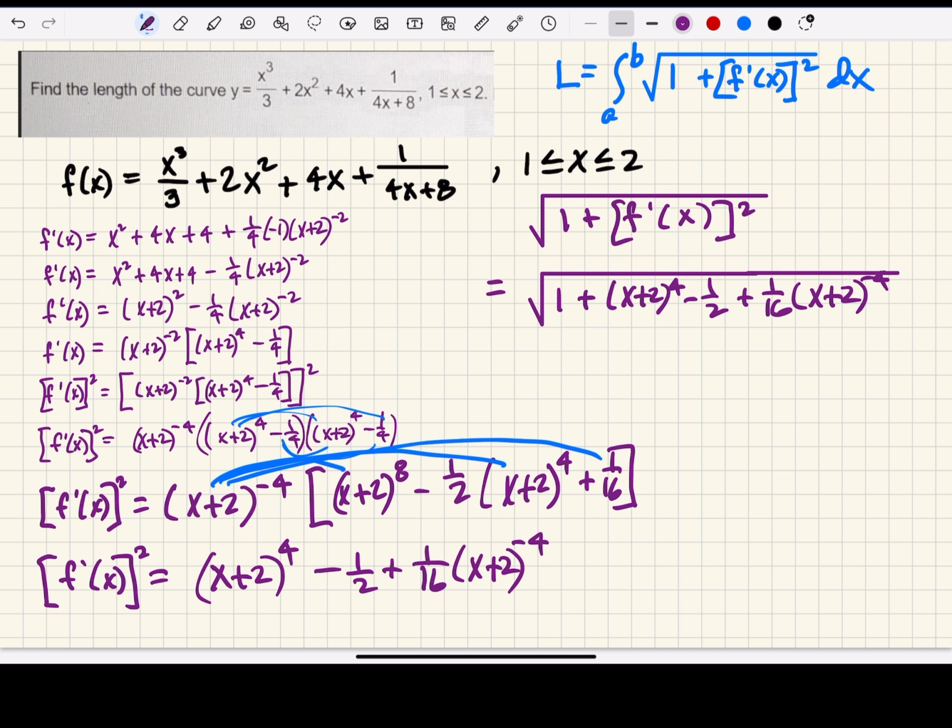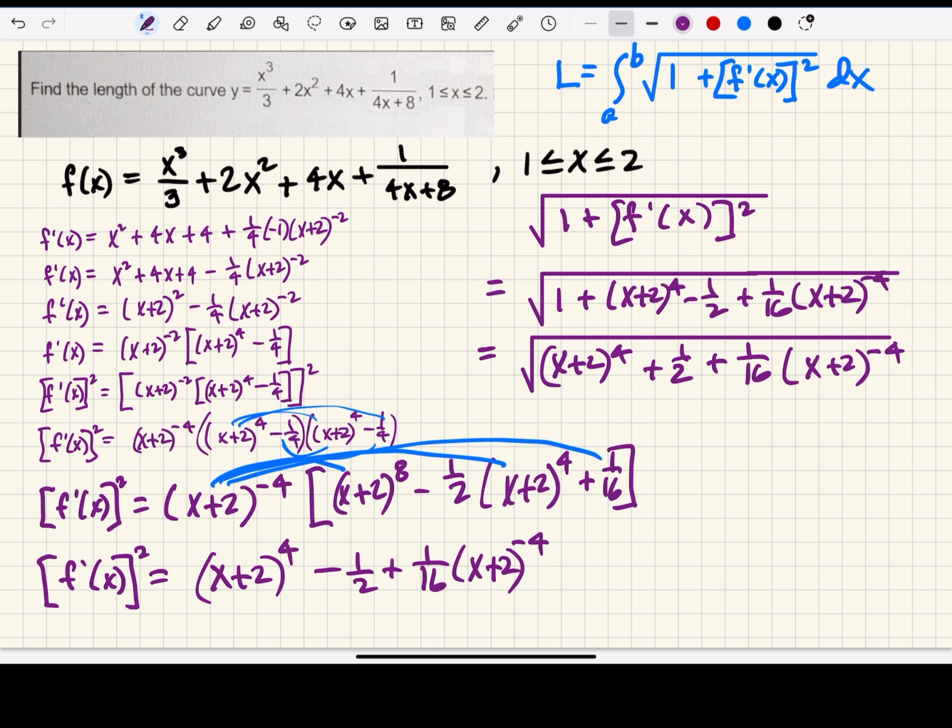But what we can see is that this 1 and this minus 1/2 would combine, and we would wind up with x plus 2 to the 4th plus 1/2 plus 1/16 x plus 2 to the negative 4th power.